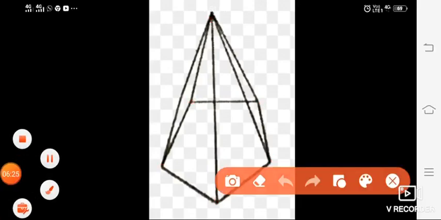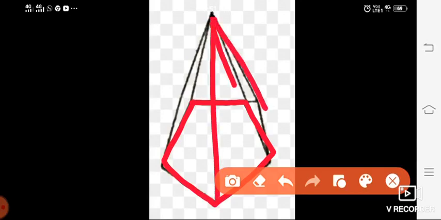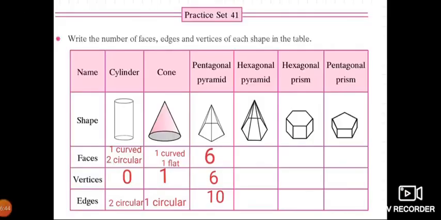See, 1, 2, 3, 4, 5 each. Next 6, 7, 8, 9 and 10. So there are 10 edges. Now let us write this in the table. A pentagonal pyramid has 6 faces, 6 vertices and 10 edges.